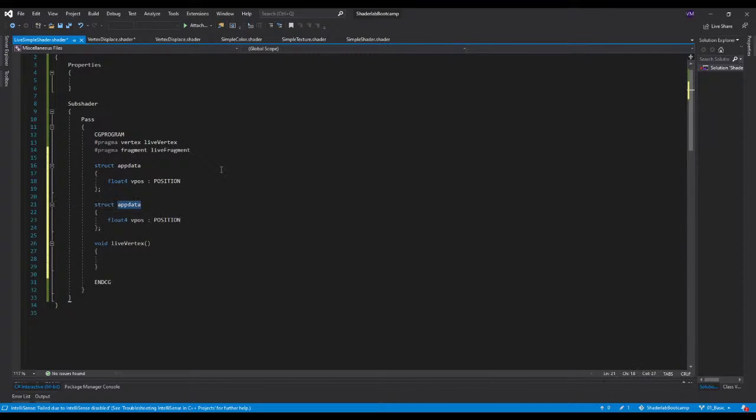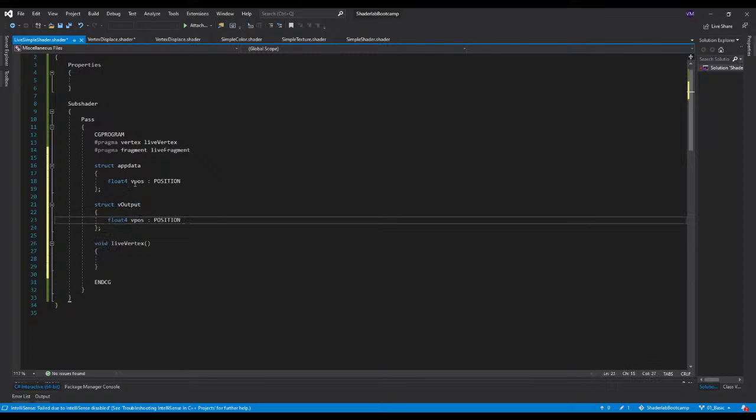Usually this structure is called v2f because it goes from vertex to fragment, but we can call it vertex output, following at least a little bit of coding convention. Don't judge me on that.